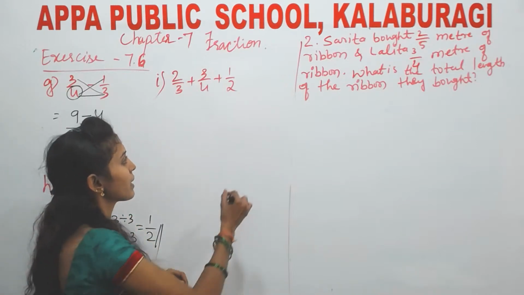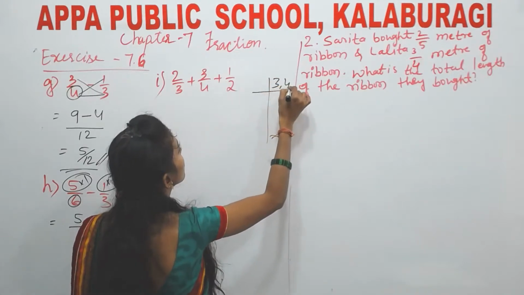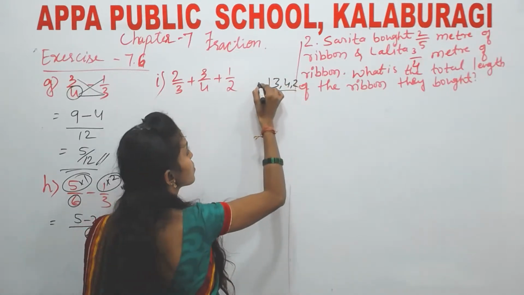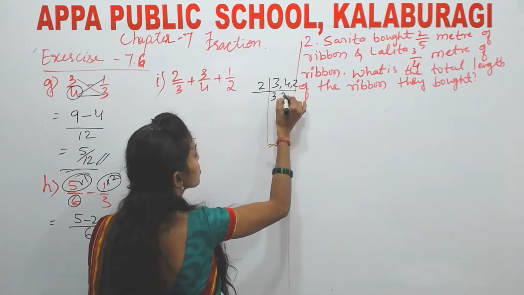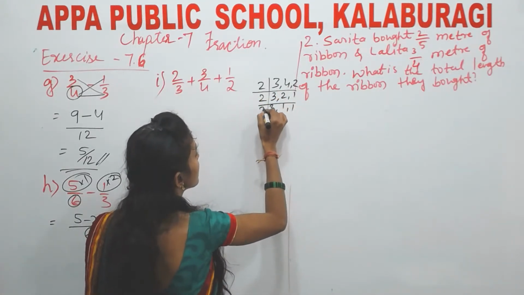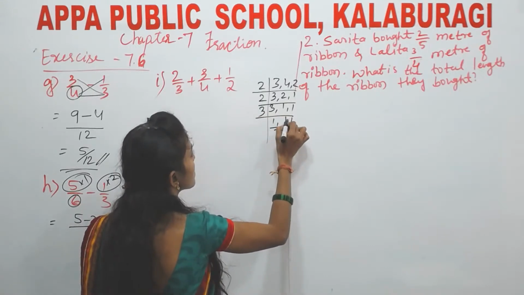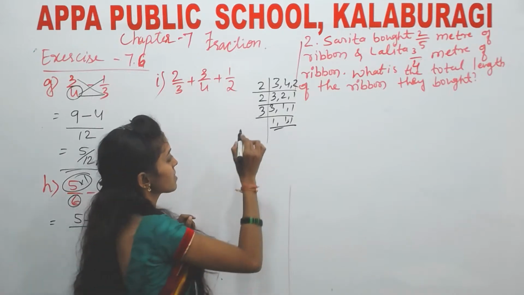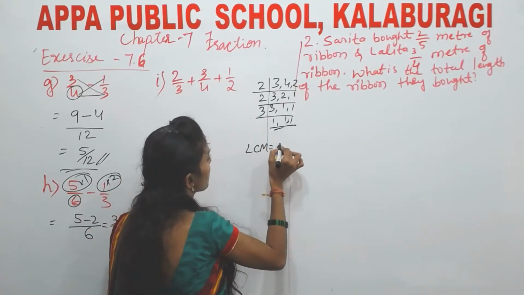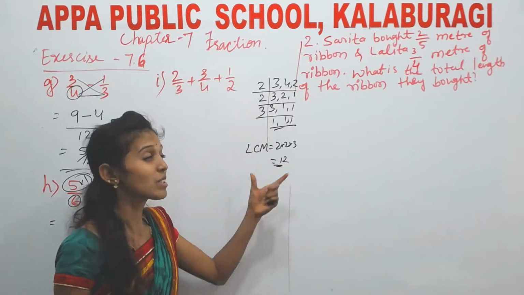See, directly you can find LCM like this. 3, 4, 2. 2, 1, 3 will be as it is. 2 2s are 2 1s are... Again, 3 will be as it is. So LCM will be 2 into 2 into 3. That is 12. I'm writing too small.